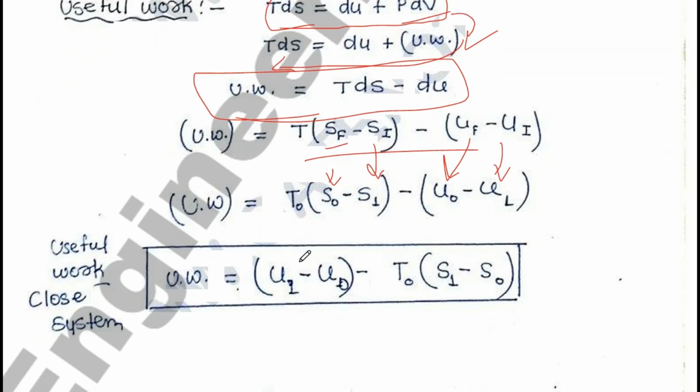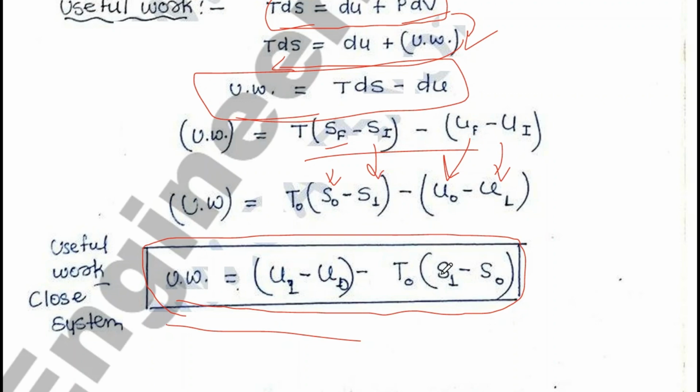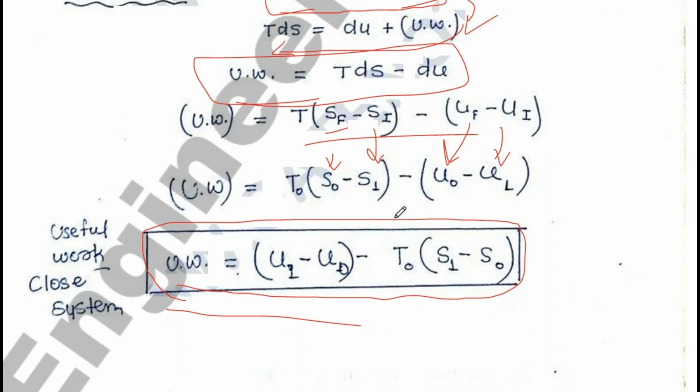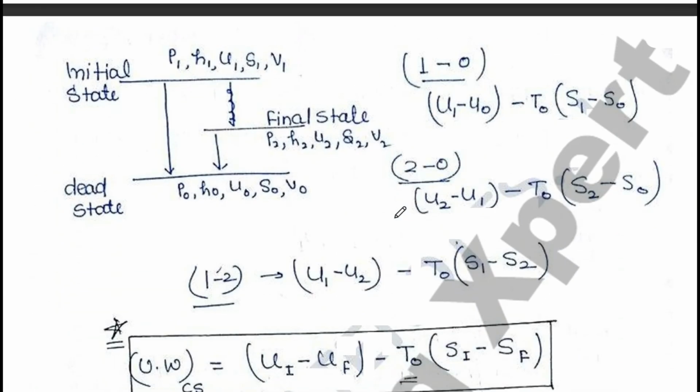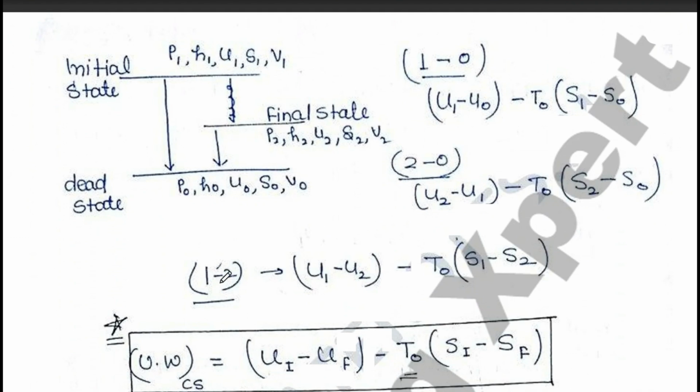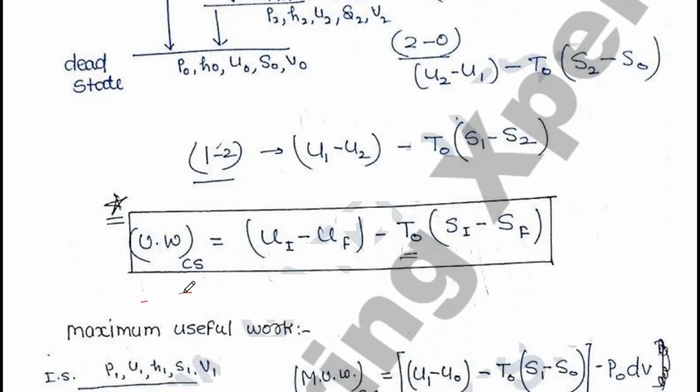So useful work can be written as this for closed system. This is the same equation that we have just derived above, that is useful work for the closed system.